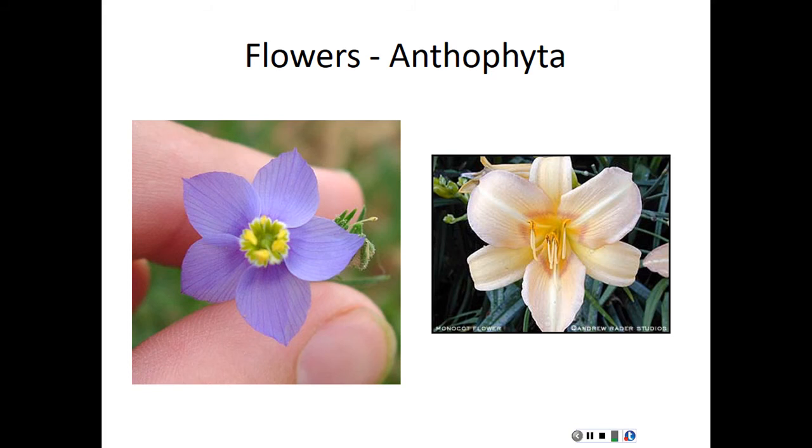That's also why a lot of angiosperms have a scent to them. They're trying to attract some kind of animal vector to move their male pollen grains, their male gametes, to their female structures.